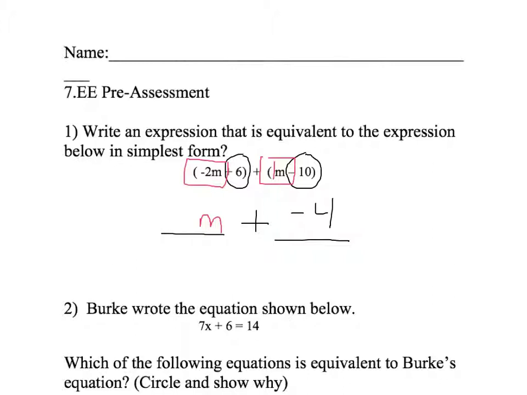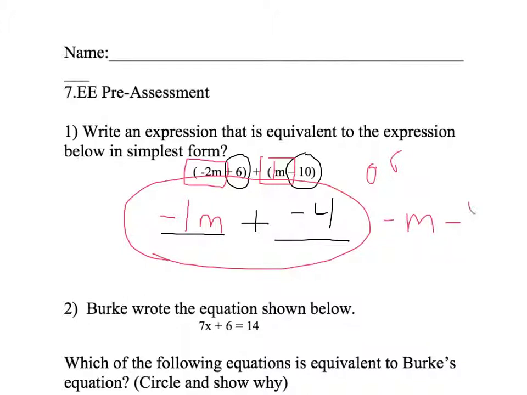So you combine the coefficients negative 2 and 1, and that is equal to negative 1. So your answer is negative 1m plus negative 4, or negative m take away 4. Those two are the same thing.